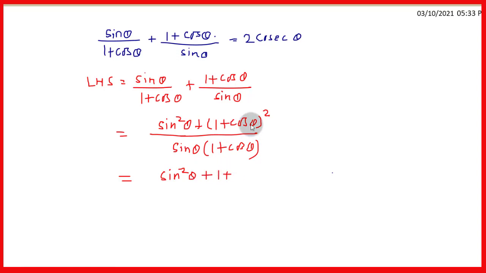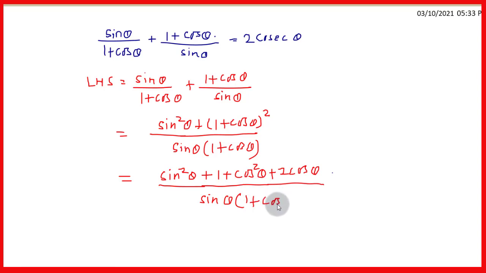So it will be 1 square will be 1, plus b square will be cos square theta, plus 2 into a into b, that is plus twice of cos theta, upon the denominator will be sin theta into bracket 1 plus cos theta.